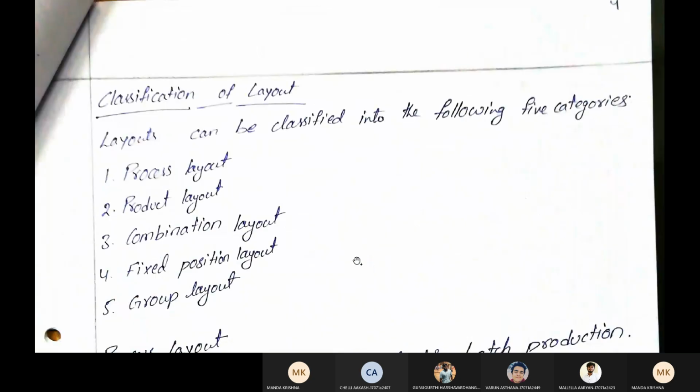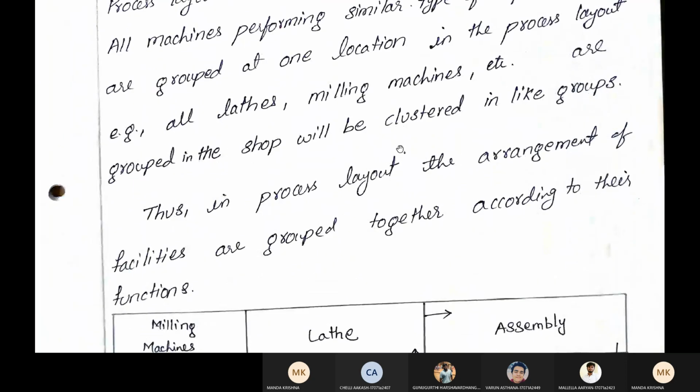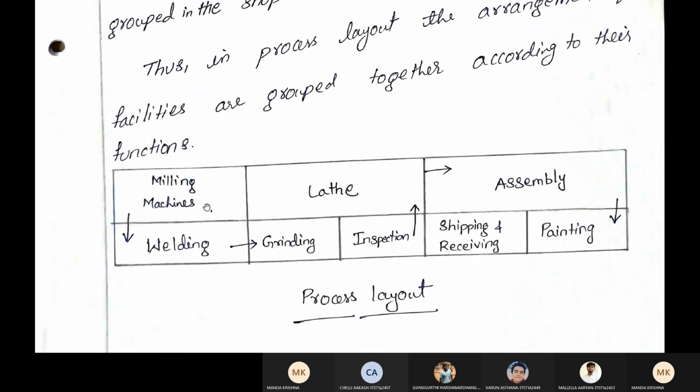Classification of layouts: process and product layout, combination layout, fixed position, group layout. In the process layout, we are arranging the equipment in such a way, or grouping the machineries of similar kind, so that different products, according to their operation, will be moving from one area to another area within the layout.